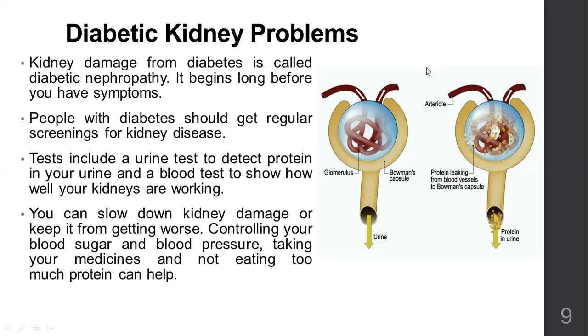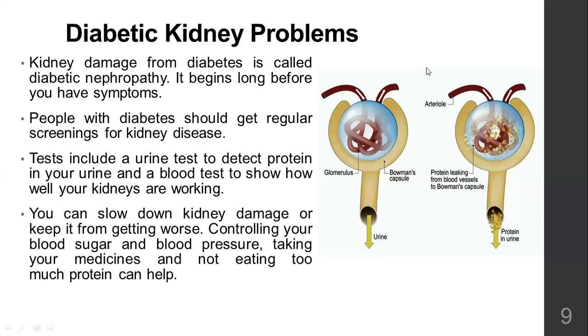The process of this damage has started long before you have developed the symptoms. So usually these different consequences of diabetes are diagnosed much later in life. You should have been suffering from diabetes for more than 15 to 20 years in that case. The body slips into these situations.